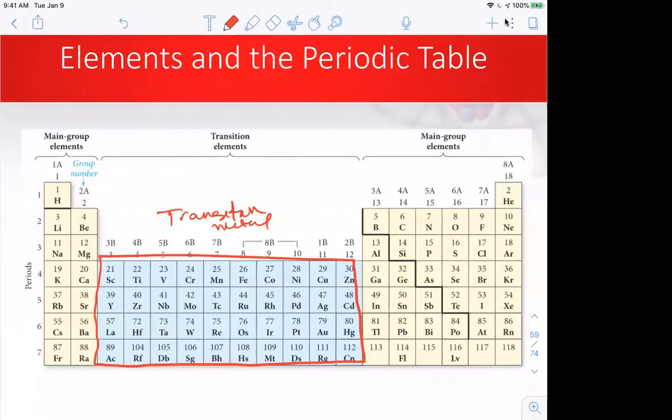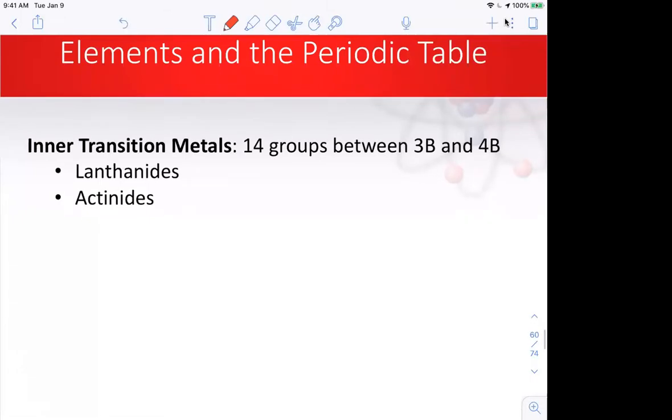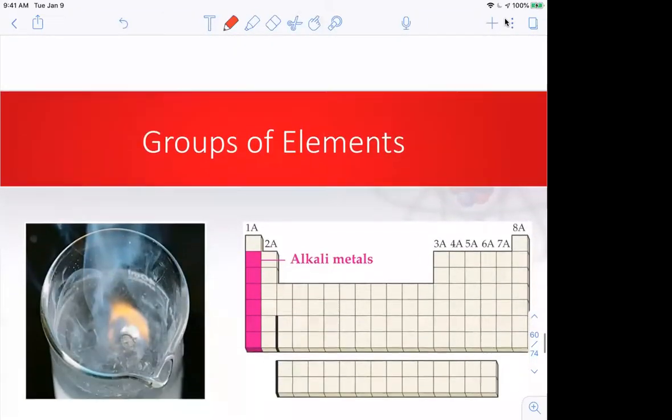Anything in yellow is my main group or representative elements. My inner transition metals are on the bottom of the chart, separated from everything. The top row is called the lanthanides. The bottom row is called the actinides.